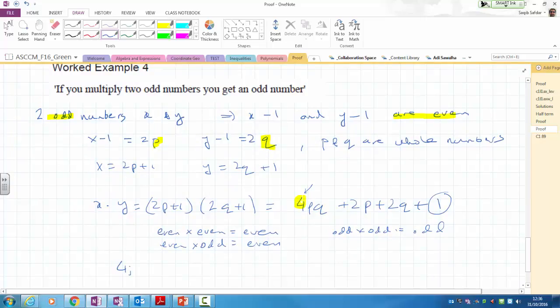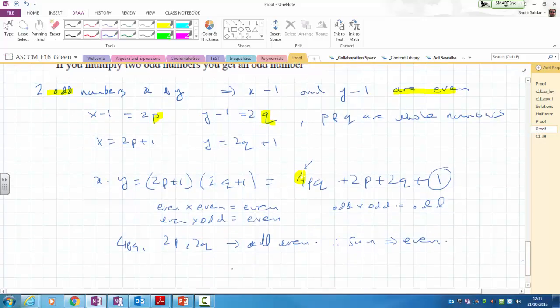That 4pq, 2p, 2q are all going to be even. Okay, and therefore the sum is going to give us an even number. And then we know an even plus 1 is always going to be odd, and therefore x times y is always odd.